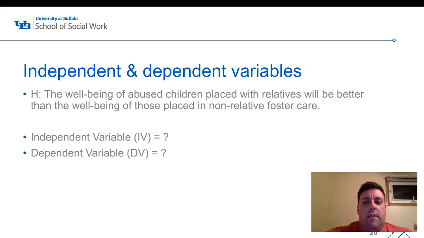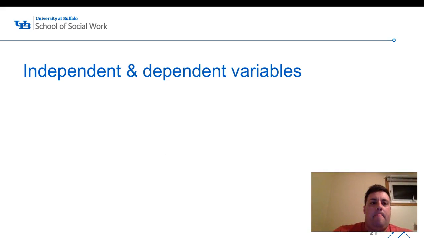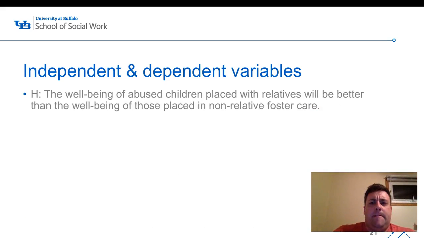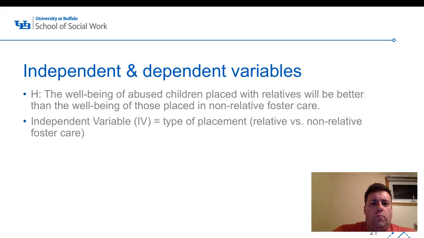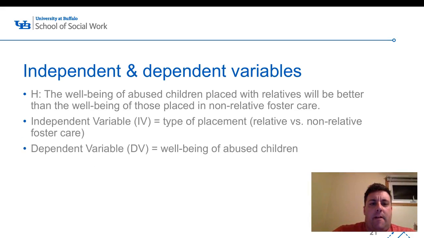The independent variable would be where the children are placed. Okay? Relative foster care or non-relative foster care. Okay, here's the answer. Right? Independent variable is the type of placement. Dependent variable is well-being.